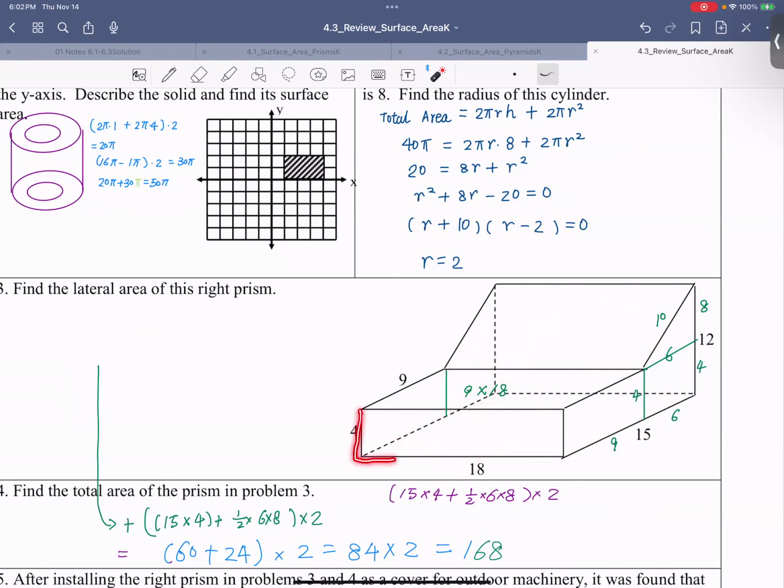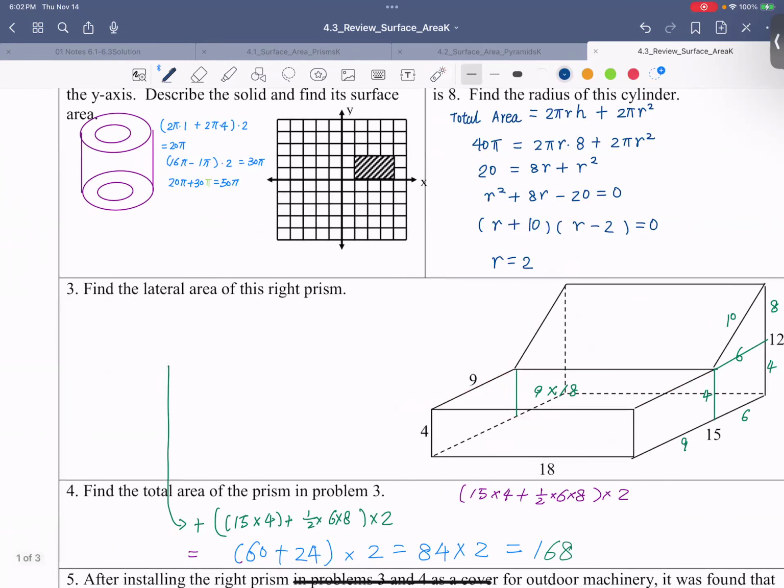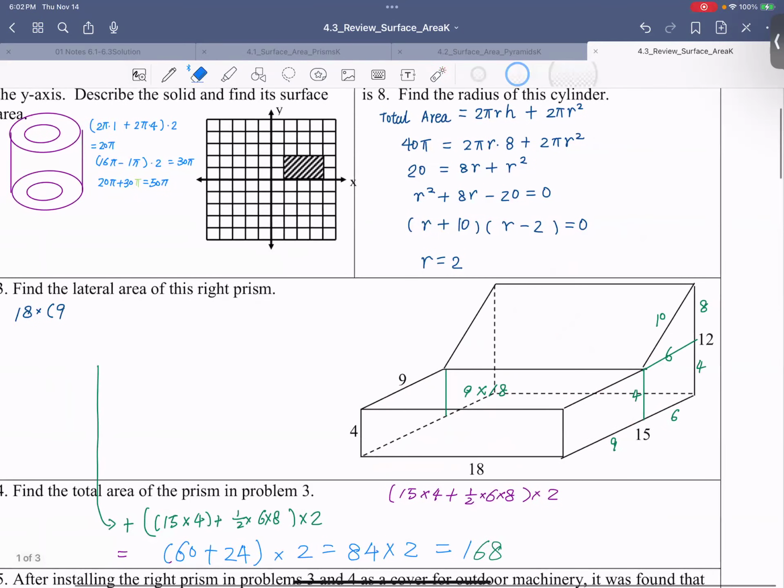We can start from this front one, which is who times who? 9 times 18. So we put 18 outside because it's all times 18. So we do 9 plus this one here, be careful.